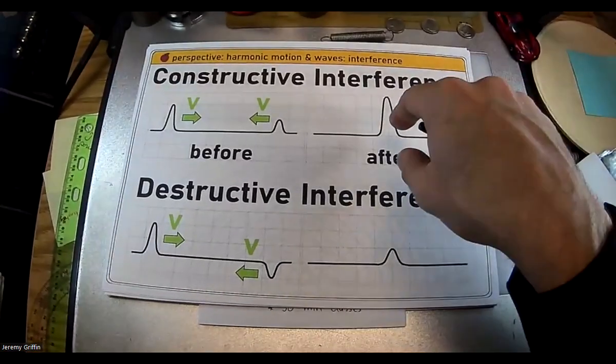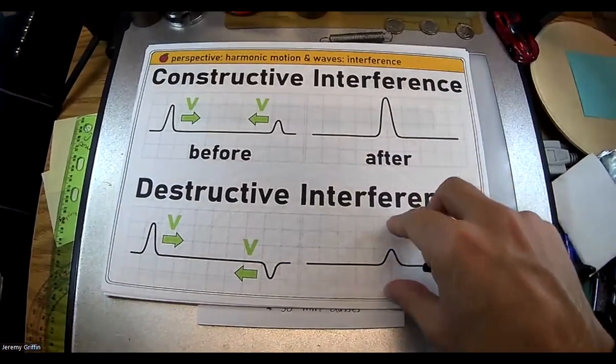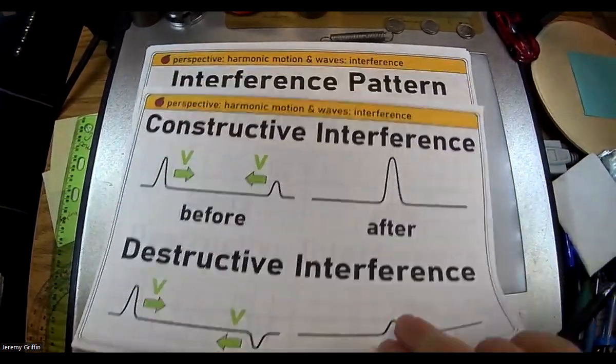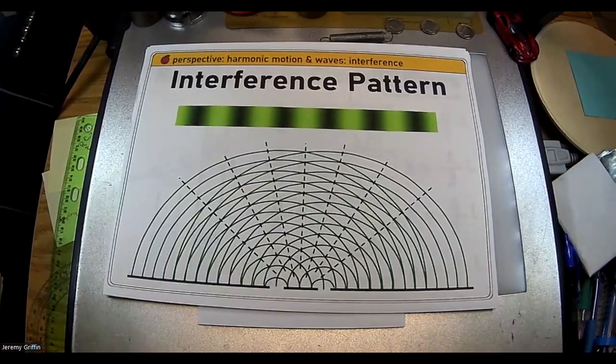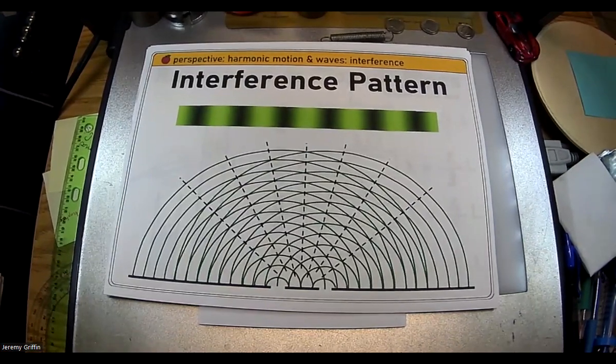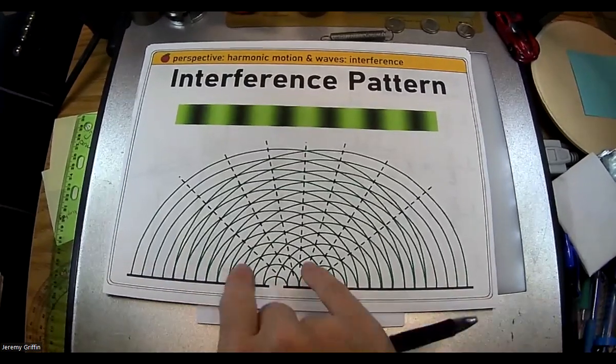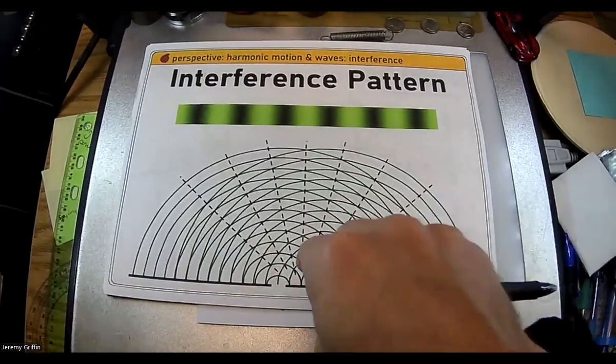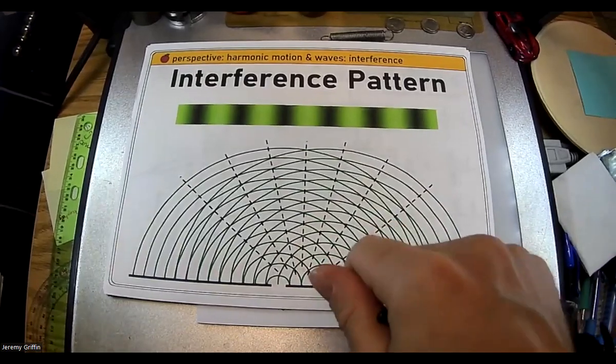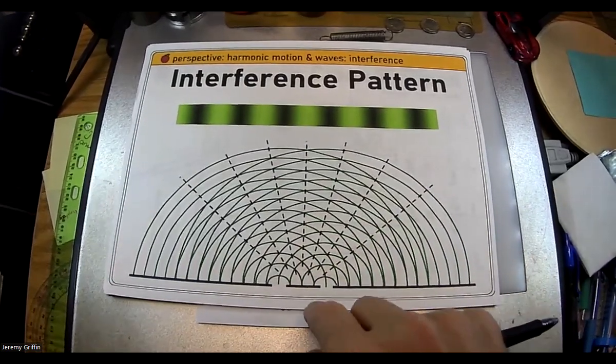Now, if you can have constructive and destructive interference, and you have a bunch of those, you can create an interference pattern, which could tell you that you're working with waves in the first place. So what if you have a card, you punch a couple of holes in it, you put this in a water tank and you vibrate the water? You've got a bunch of ripples going out.